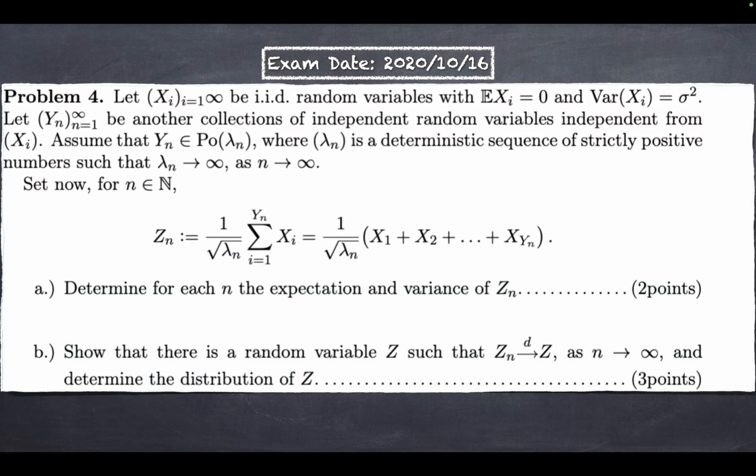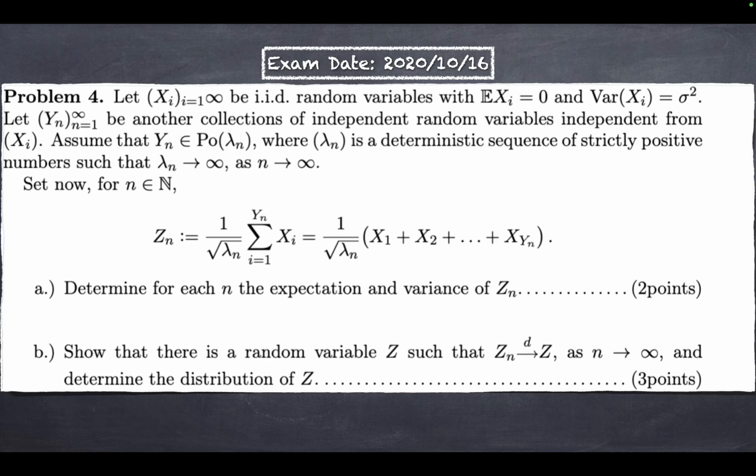And then Y sub n be another collection of independent random variables, also independent from the X's. We also know that Y sub n is Poisson distributed with different parameters.